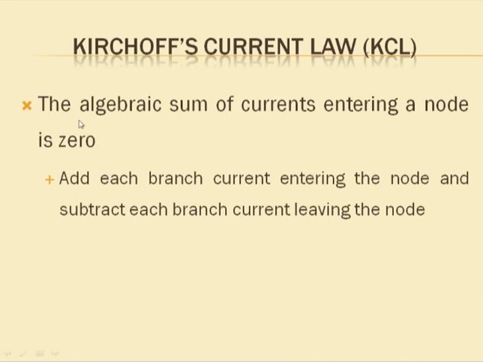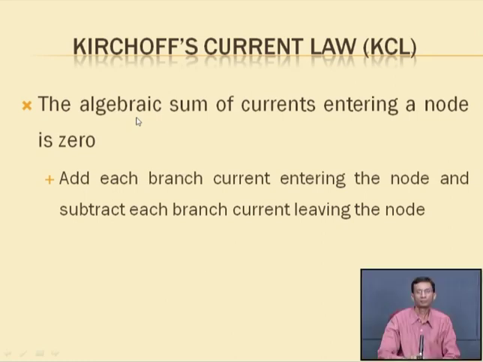Okay, so if I am saying that at some particular node some current is incoming current, then it is considered as the positive, and at that particular point if the current is leaving the node, then it will be considered as the negative, because the Kirchhoff's law uses the algebraic sum.